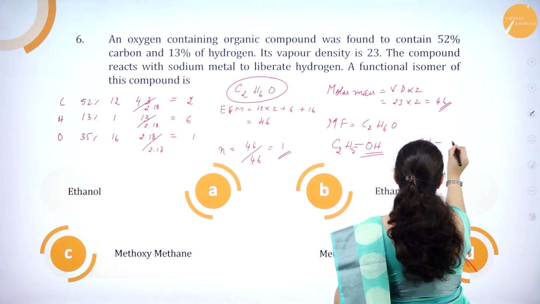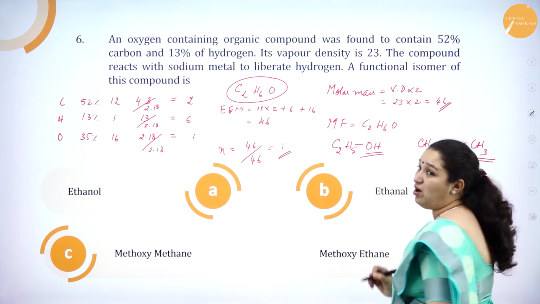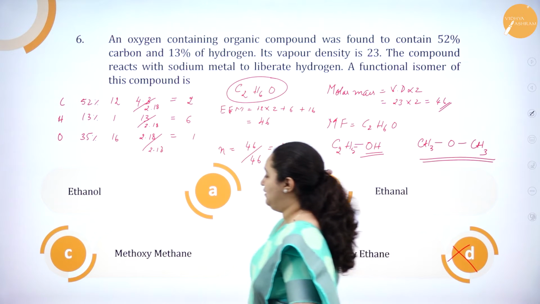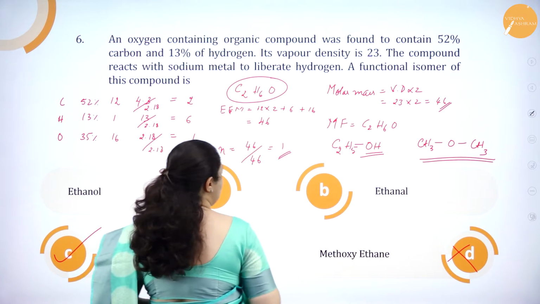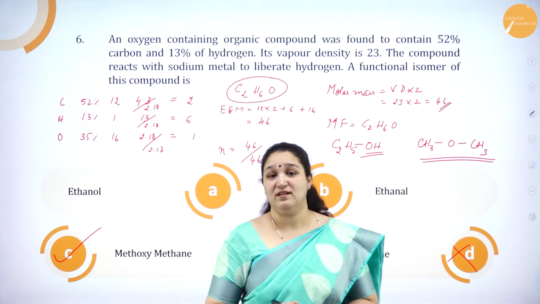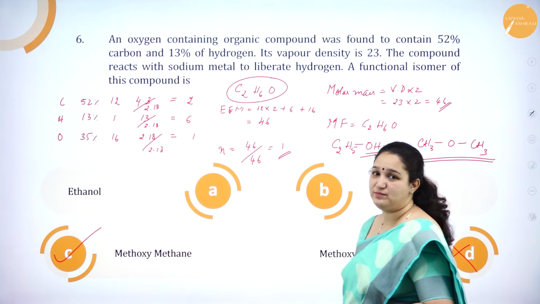I can write it as CH3OCH3. That is nothing but methoxymethane. And I have the option C, methoxymethane. So option C is the right answer. I hope you have followed this particular question.